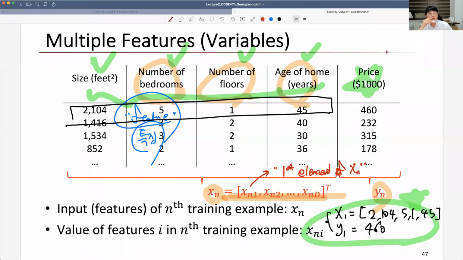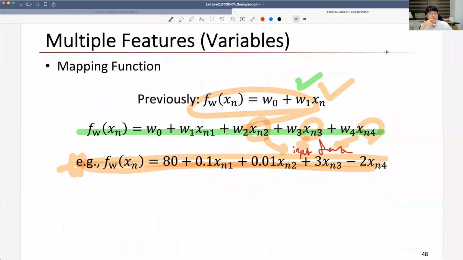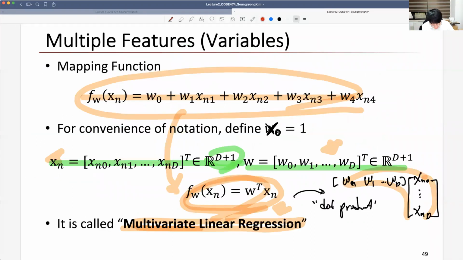And we also extended this single feature case into the multiple feature case, right? Here we define a much more complex mapping function, something like this one. For the sake of notation, from now on we define this linear regression mapping function as W transpose X_n, right?